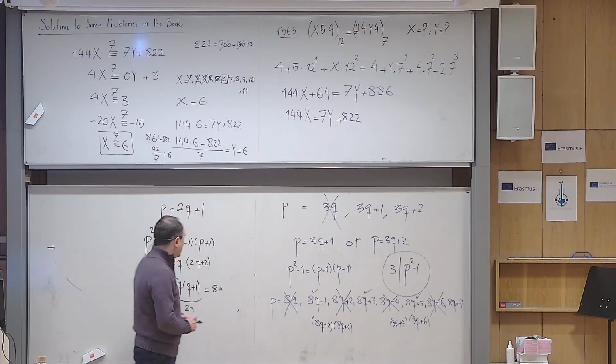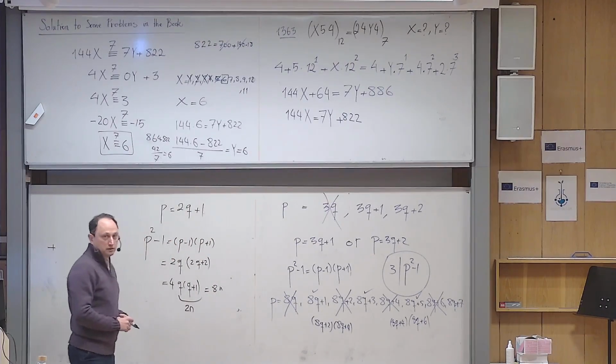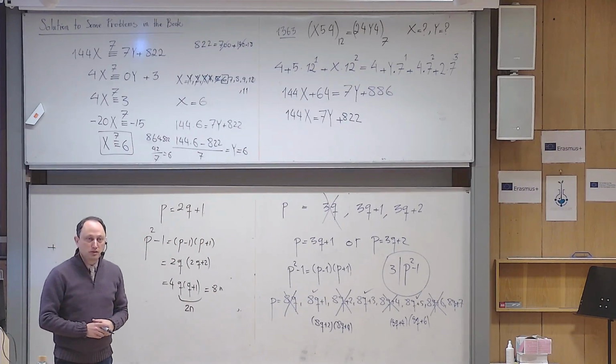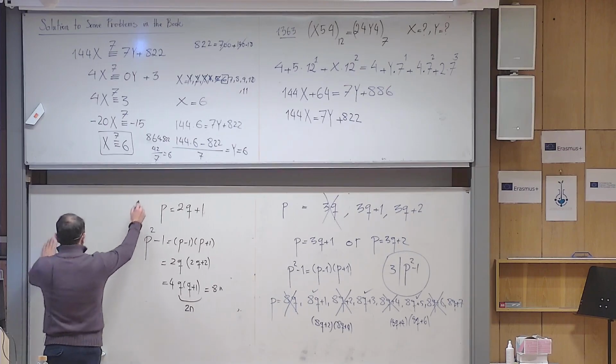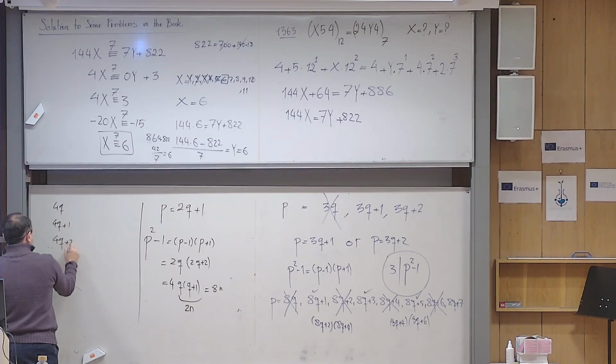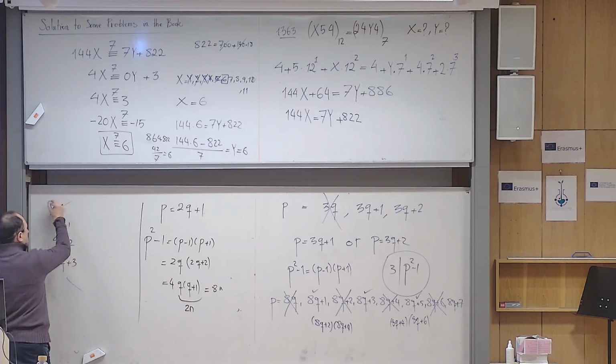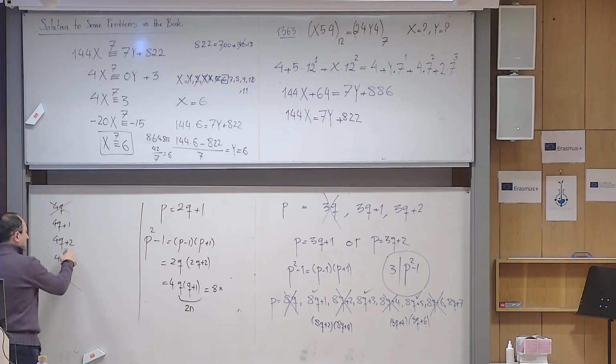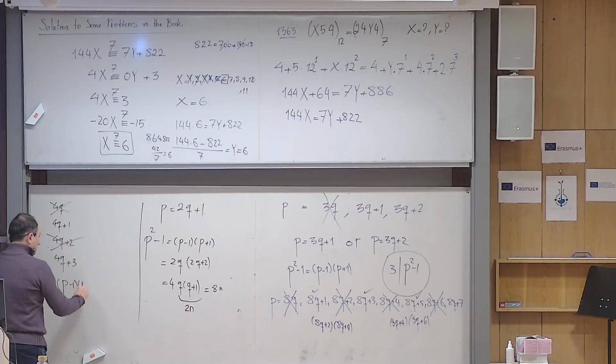Either you choose that way, or you choose this way. Or if you want, you can choose multiple of 4. For example, let us solve this problem with 4. Then I have 4Q, 4Q plus 1, 4Q plus 2, and 4Q plus 3. These two are not acceptable because my number is prime. Then I have P minus 1, P plus 1.